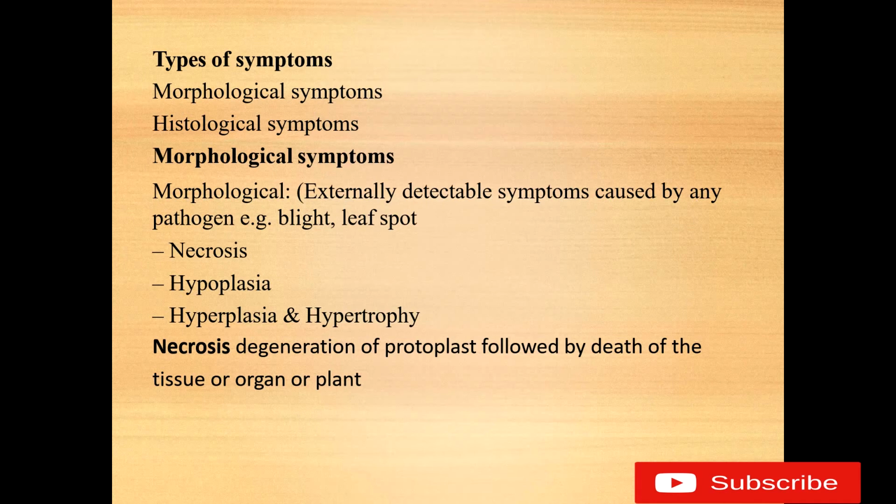If it is necrosis, we can see or feel physically certain dead tissues, and likewise hypoplasia and hyperplasia can be evidenced physically. Necrosis means the degeneration of protoplast followed by dead tissue, and sometimes dead organs or even the whole plant.